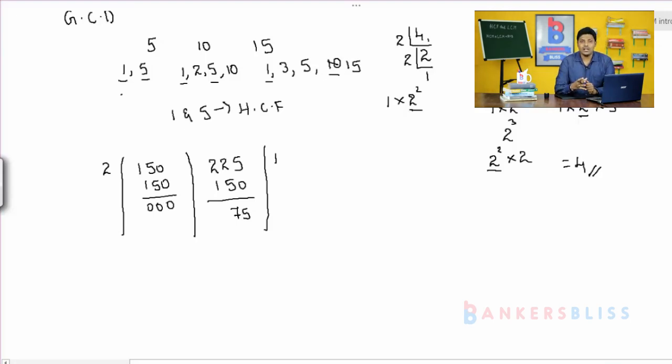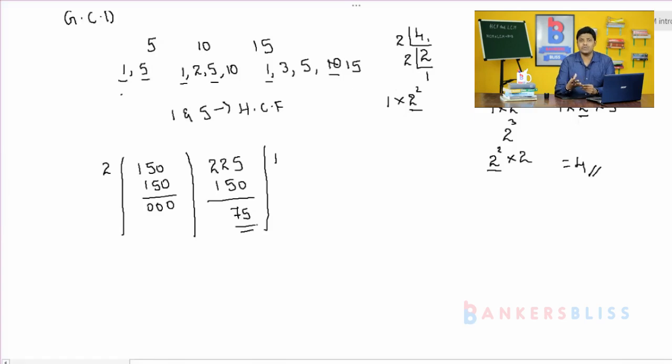On one side, you should get the remainder as 0. Till then, you have to do the same procedure again and again till you get 0 on one of the sides. On the other side, you will get a number. That number will be the HCF. Here the number is 75. Therefore 75 is the HCF. So this is the division method.